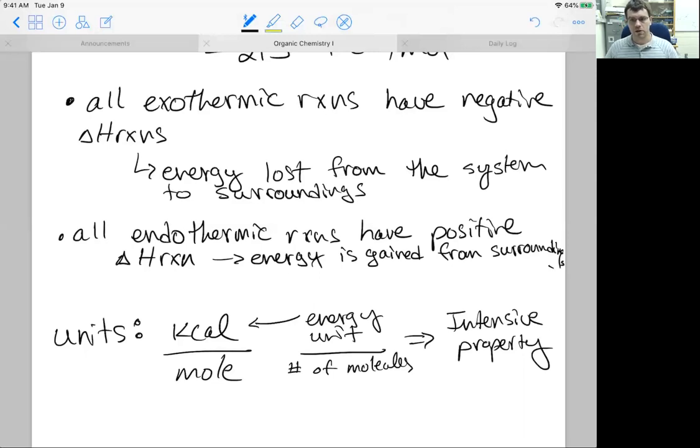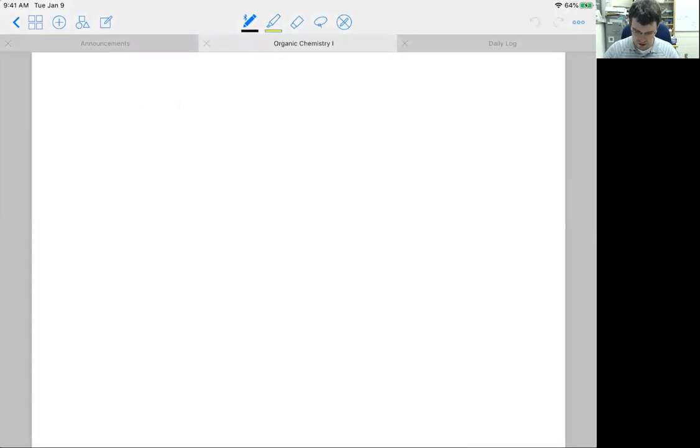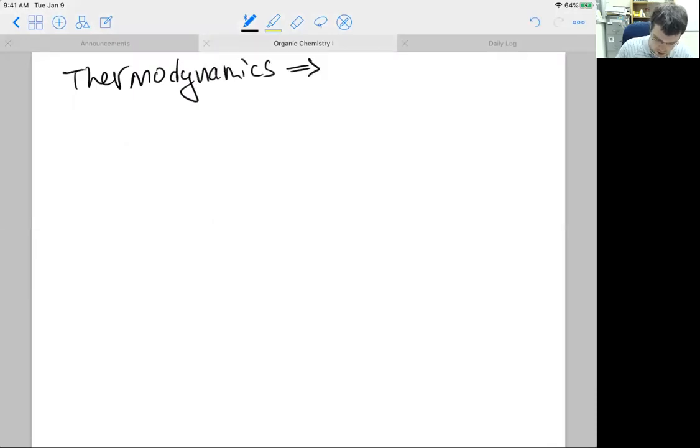Okay, so thermodynamics deals with enthalpy, the amount of energy that's released, which is exothermic, or absorbed, which is endothermic, by a chemical system. So again, we're thinking more broadly about thermodynamics. We're going to deal with enthalpy, which is the delta H, the heat of reaction.